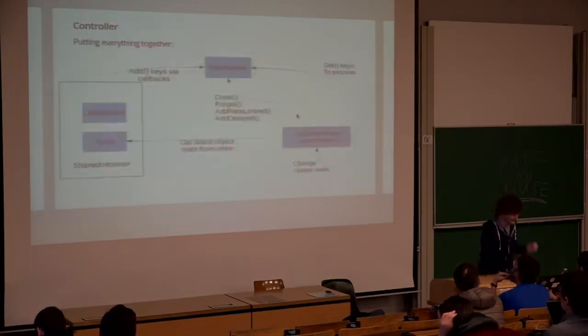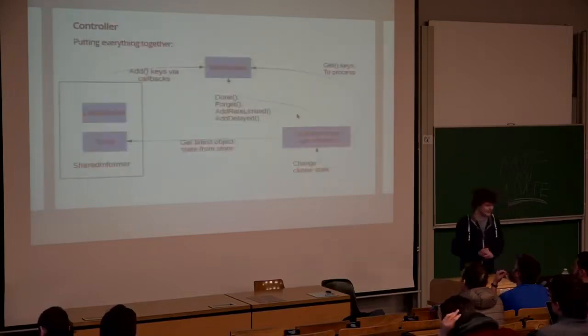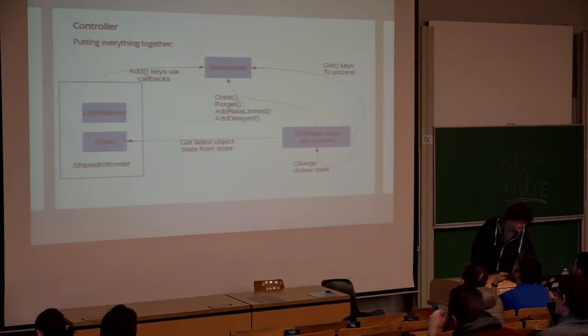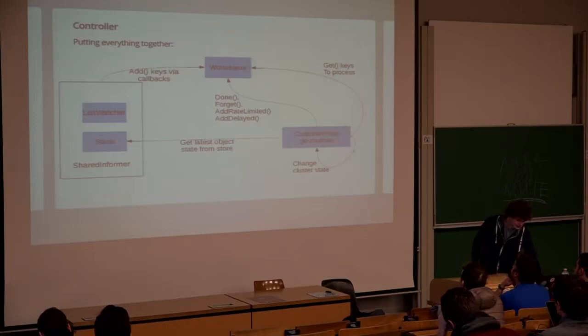And here we have a nice picture which illustrates it too. On the left side, you see the shared informer again, the store internally, the callback of the informer into the work queue. Here you have the controller coroutines. They are using the blocking get calls to get the keys out of the work queue, and based on the key they fetch objects from the stores from the informer.